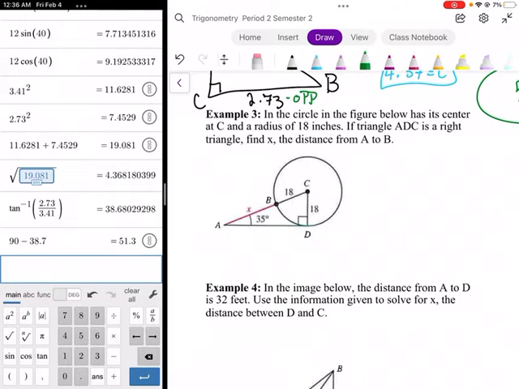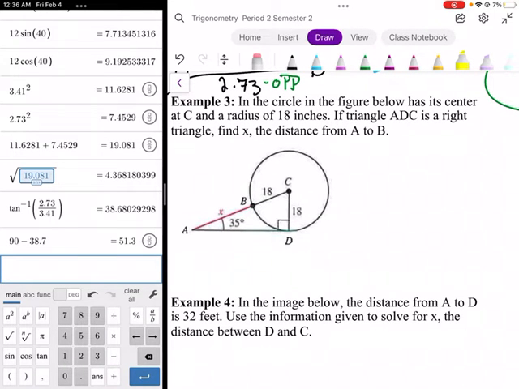Next, we have example 3. In this one, we have a circle which has a center at C and a radius of 18 inches. If triangle ADC is a right triangle, they want us to find x, which is the distance from point A to point B. So looking from angle A, which is the one they gave us, we know that we have the opposite side length, and these two together would be our hypotenuse.